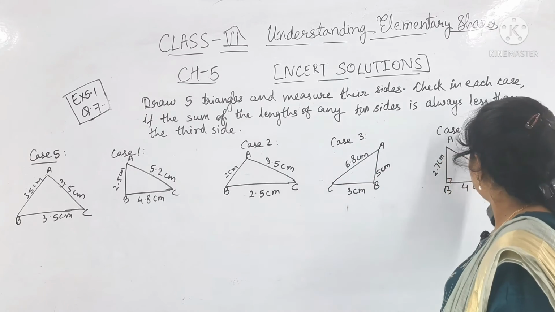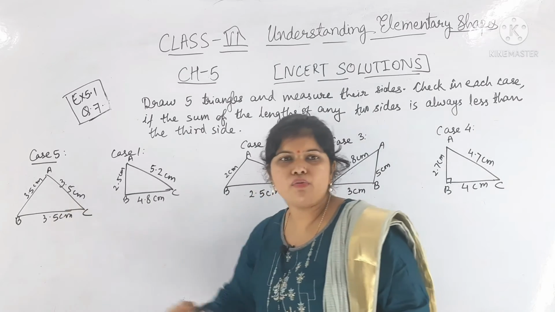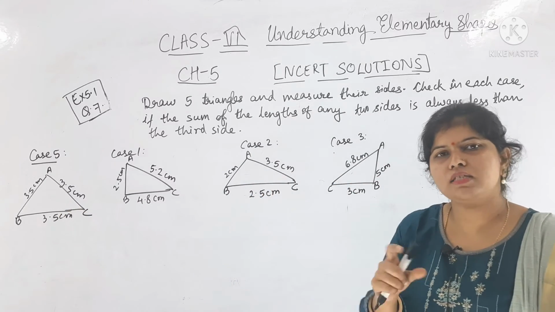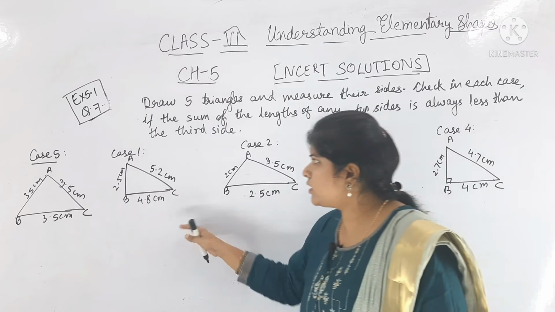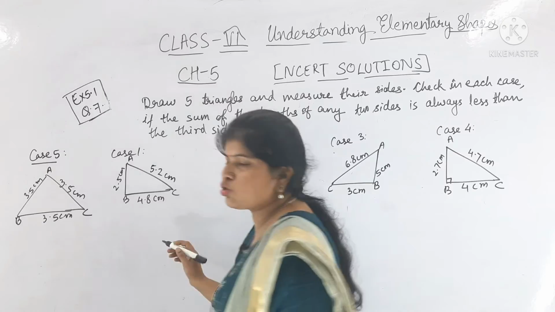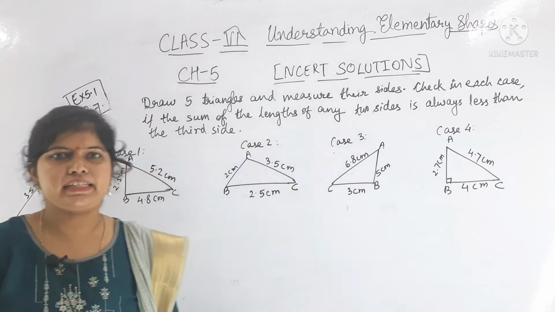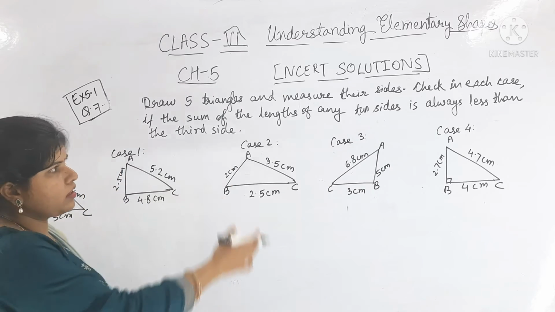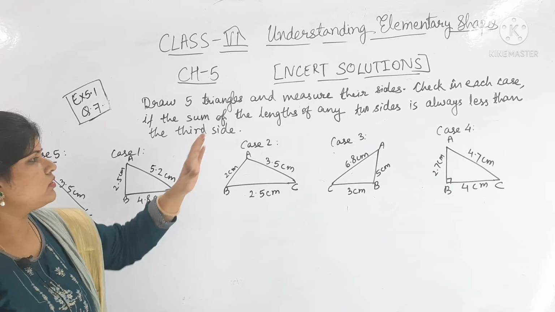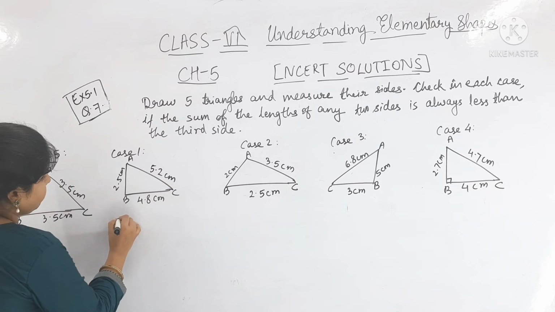This one is the right triangle, and this case 5 is the equilateral triangle, where all sides are equal. So these are the different cases. We have to check whether the sum of the two sides is greater or less than the third side.